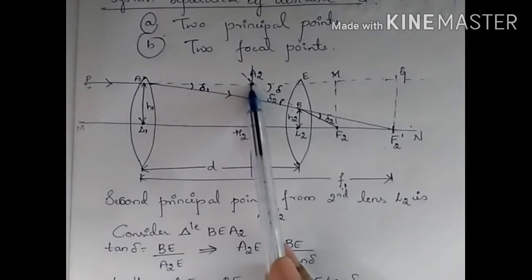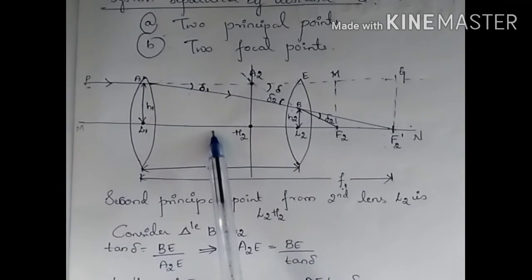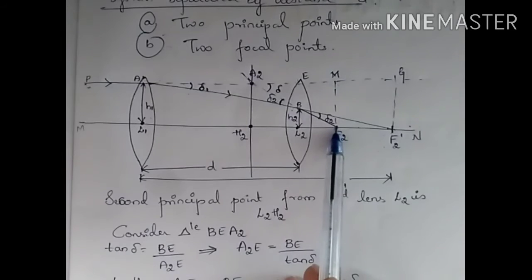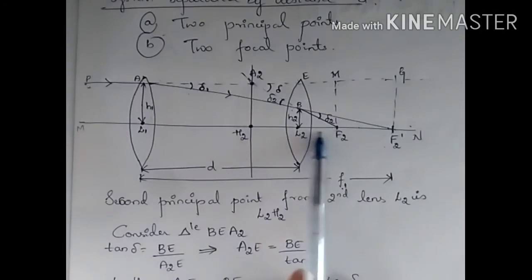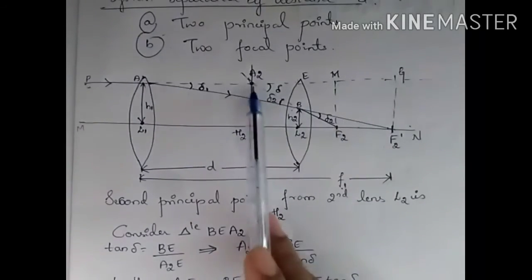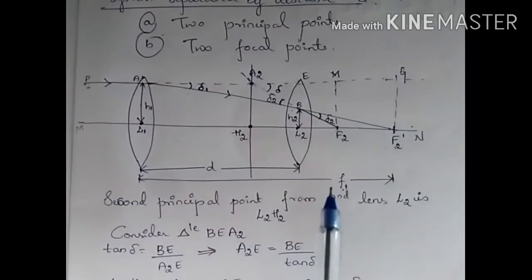Since the incident ray on the equivalent lens is parallel to the principal axis, the rays will converge at the focal point. So this focal point can be considered as the focal point of the equivalent lens which we have kept at point A2.